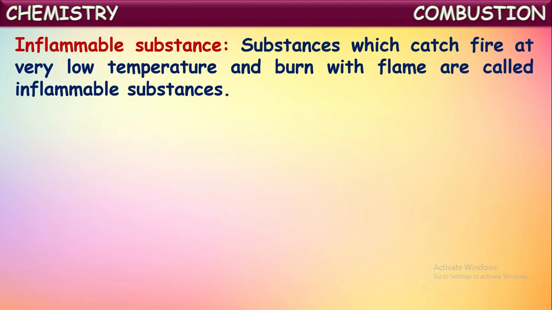Next, what are inflammable substances? We told here that the substances which have a very low ignition temperature and catch fire easily are called inflammable substances. What are those? The substances which catch fire at very low temperature and burn with flame are called inflammable substances.